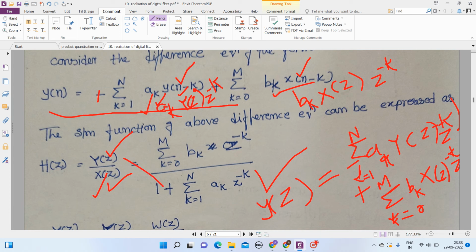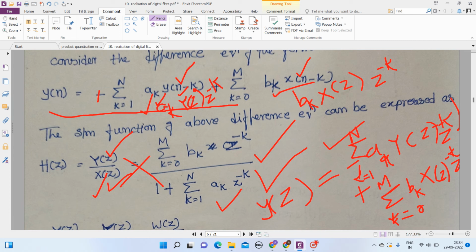See here, if you do cross multiplication, you will get this equation only. So you have to arrange this equation like this. This is one of the general system transfer functions. For this transfer function we are going to draw the structure, direct form 2 structure.